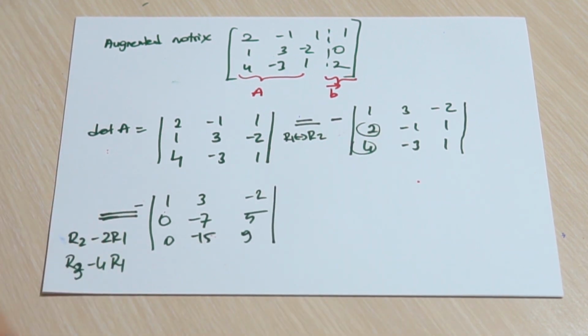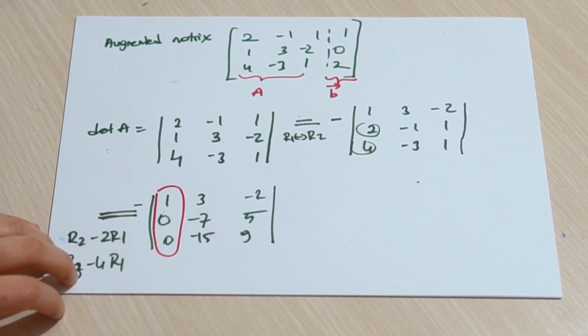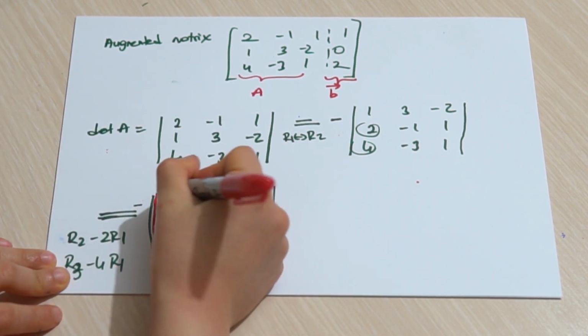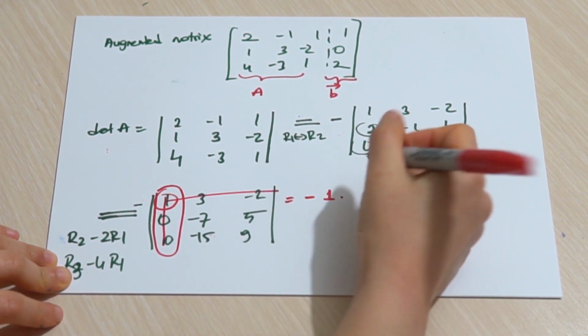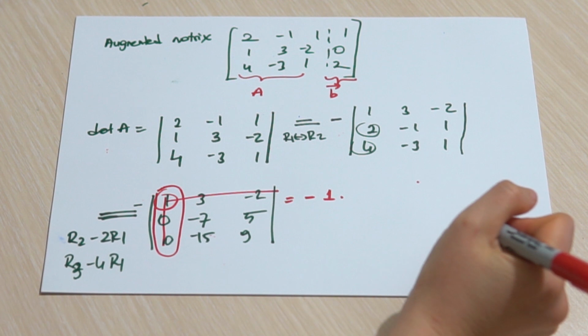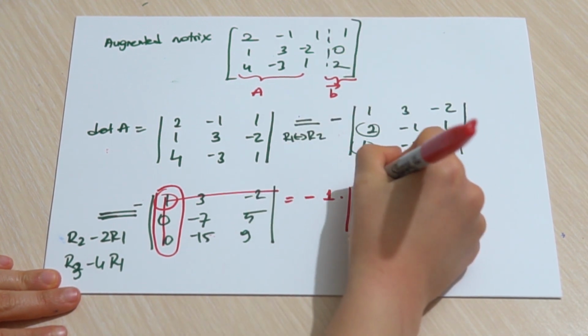Then let's expand with column 1. I have only 1 here, so I will have minus 1 times 1, and the rest are 0.